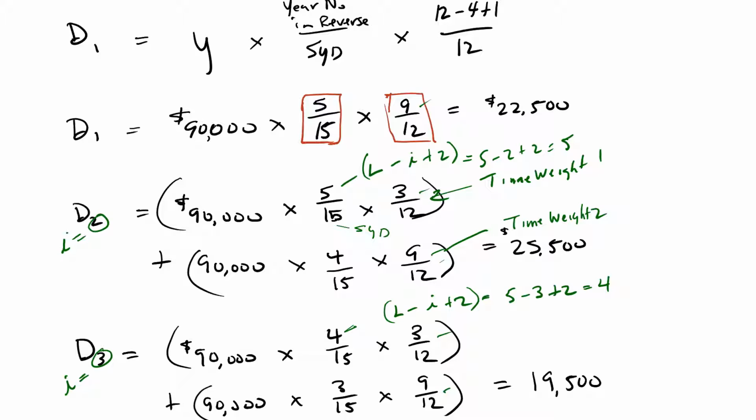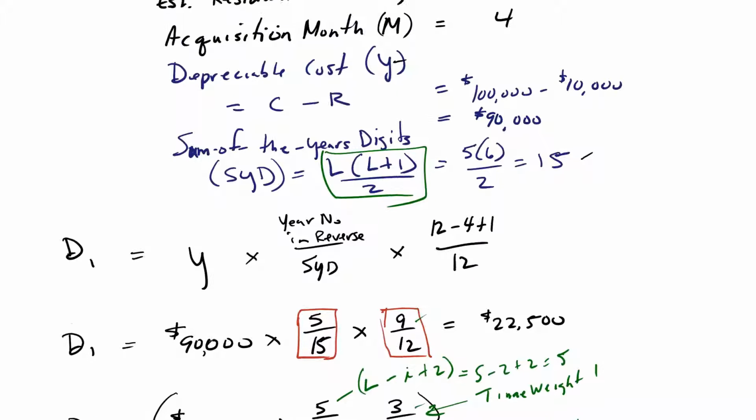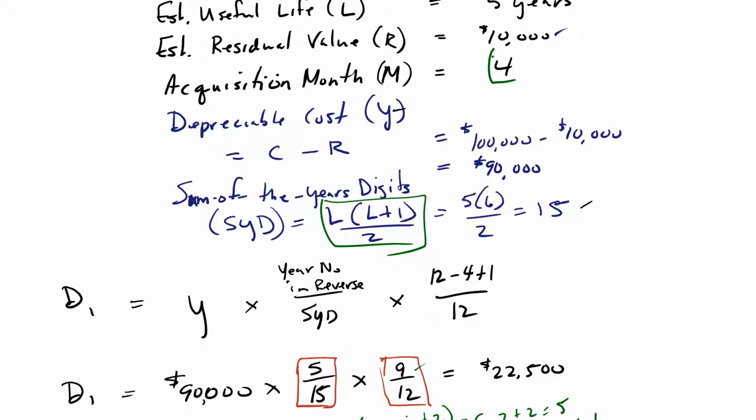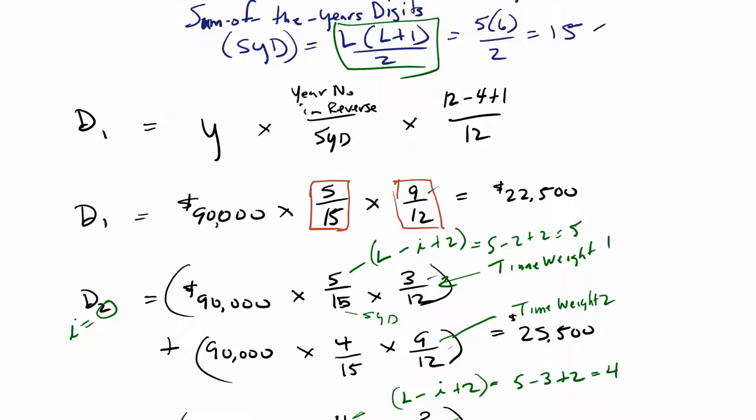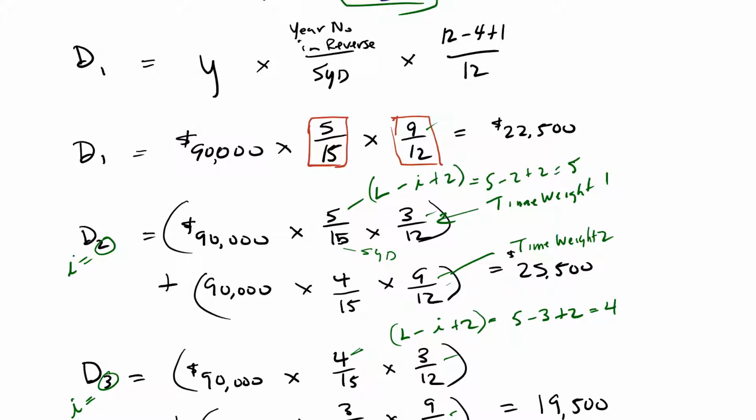Okay, and let's see if we can write an expression that could be used generically, so that regardless of what the situation is, we can pass maybe the useful life of the asset into a function, or the acquisition month, and use that to calculate the time weight. So if the acquisition month was 4 here, as we indicated, the month of April, then that numerator is 3, which is 1 less than the acquisition month.